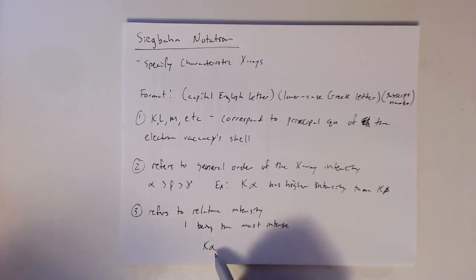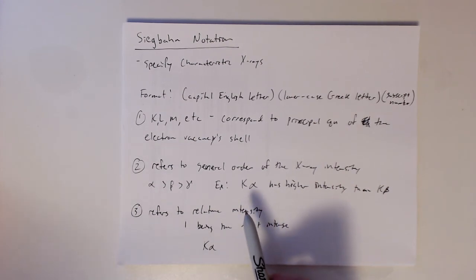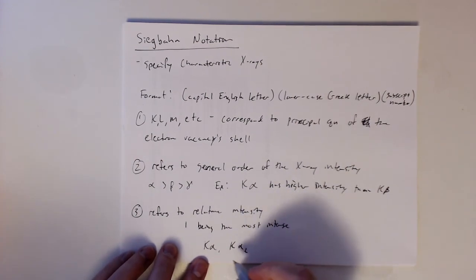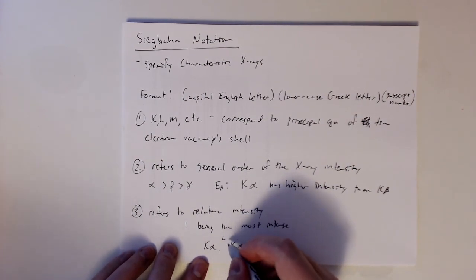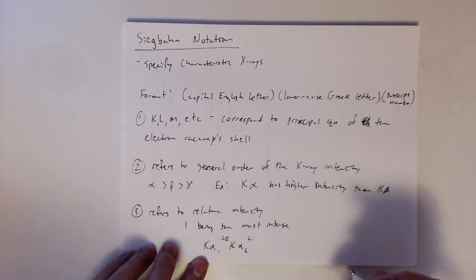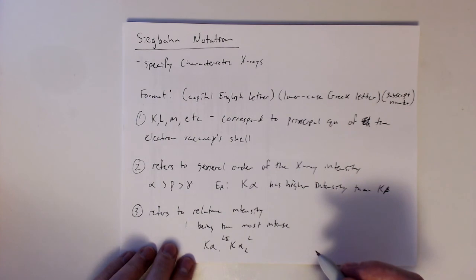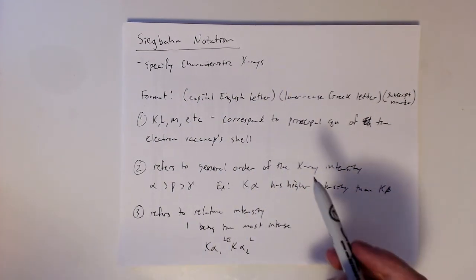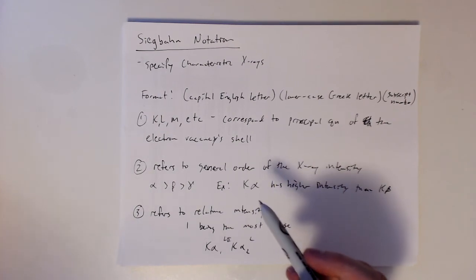Alpha is referring to the most intense of the K, but then even within them, there can be K alpha 1, K alpha 2, where these refer to different L subshells that you saw, right? So it's either 2 or 3. So that's sort of this whole Siegbahn notation that we've looked at before in some instances.